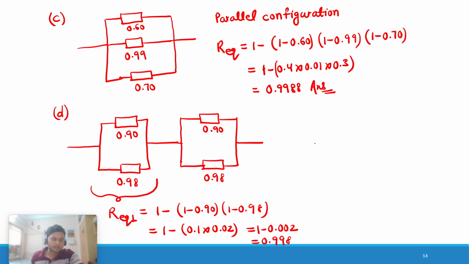So final R equivalent will be the series of each term. So we can say it is 0.998 whole square, of 0.998. So this comes out as 0.996. So that's all for this series parallel combination problem.